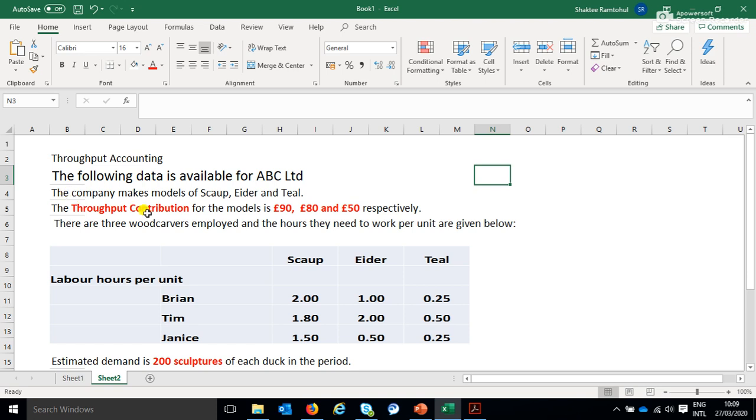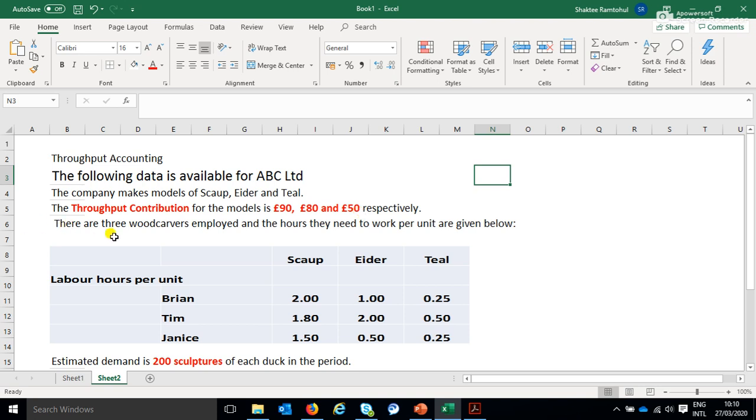So let's go back to this example here. We're told the company makes models of scalp, eider, and teal. The throughput contribution is 90 pounds, 80 pounds, and 50 pounds respectively. Now, if you don't have a clue what throughput contribution is, stop this lecture and go back to lecture 1, and then you can come back.